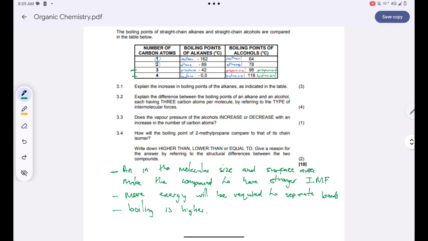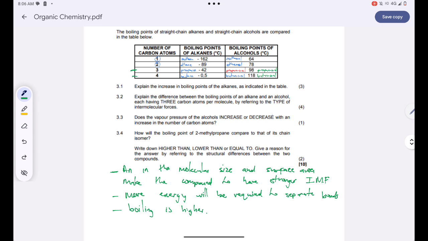Are you together? Once you increase the chain length, you are increasing both the surface area of the compound and the molecular size. Once you increase those two, you are definitely increasing the intermolecular forces between the compounds. And once you are doing that, obviously you will require more energy to separate the bonds of alkanes that have stronger intermolecular forces, and hence the ones with more surface area and a higher molecular size will have a higher boiling point.